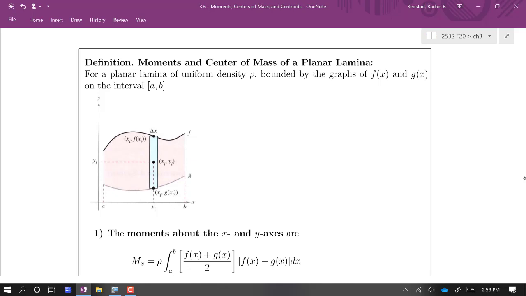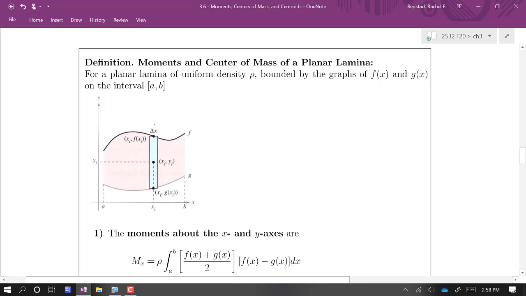So this planar lamina has a mass, and we're going to find the center of mass. The way we do it is we draw a sample rectangle, like we do so much in our applications. We're going to look at a sample rectangle and see, can we find the center of mass for that rectangle?